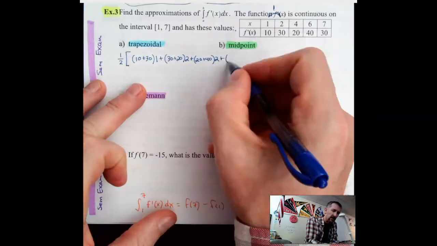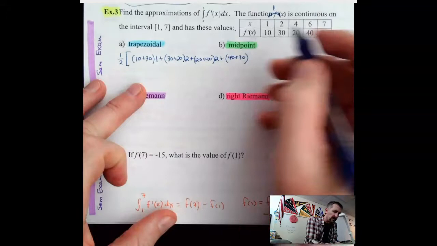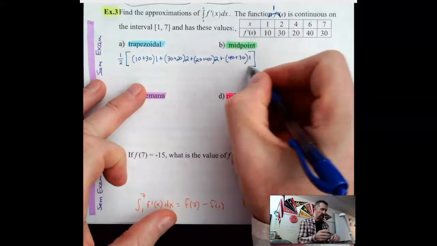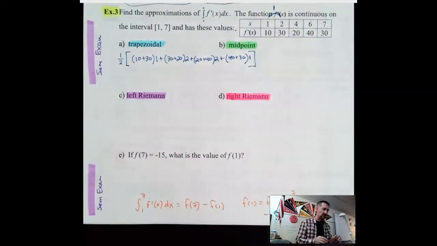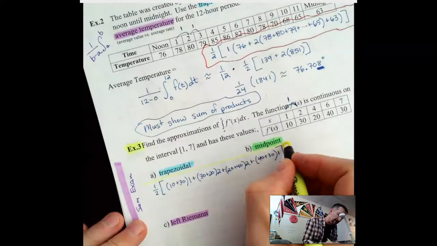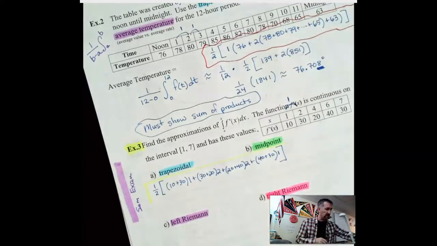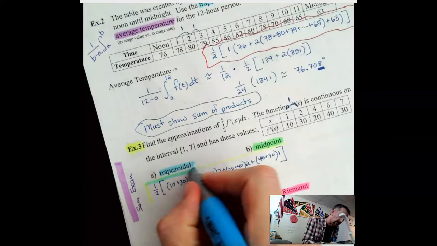And then the last one is going to be 40 and 30, and that's going to be times 1. Okay? Now, this is the AP test, then that's it. That's what you're going to box. I guess I could have highlighted it in the color that it is, blue, except now it's going to look green.